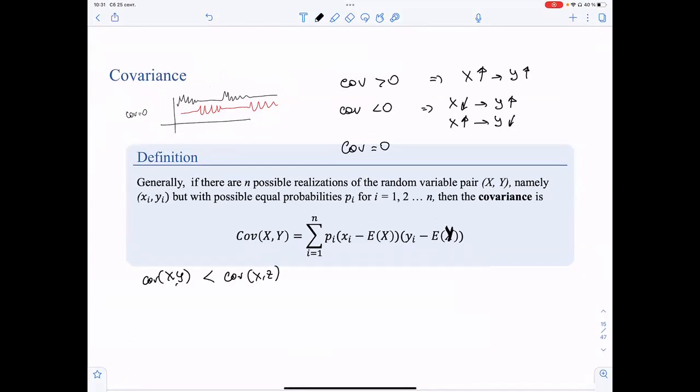Could we say that x and z have a stronger association compared to x and y? Well, we cannot compare the association strength by the covariance. Why? Because it's going to be affected by the variance of z. If z was fluctuating a lot from bottom to the top, then the covariance is going to increase a lot.